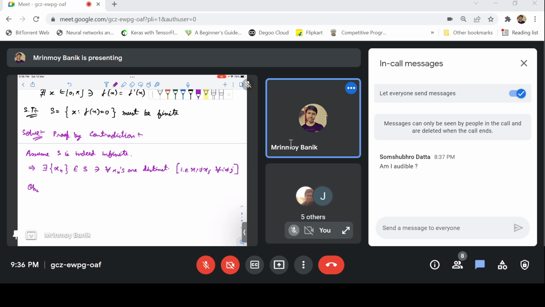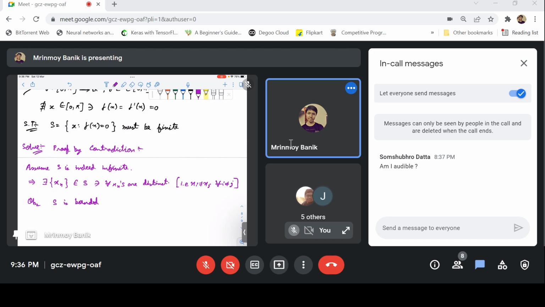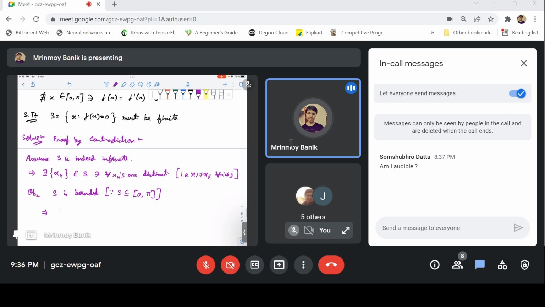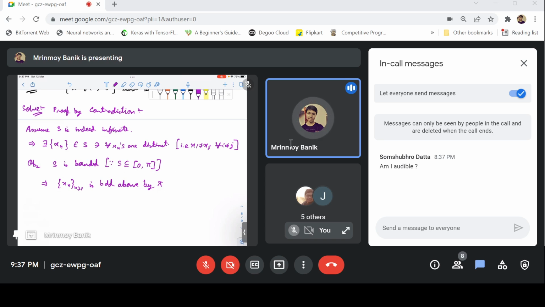Now observe that S, the set S is bounded since it's a subset of the domain, and the domain is 0 to pi. This implies the sequence xn is bounded above by pi. So by, what was the name of the theorem? There was some name.